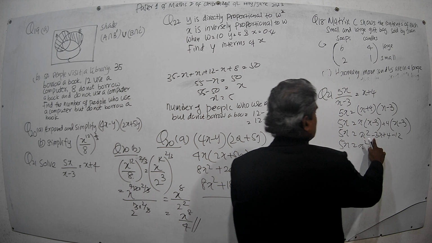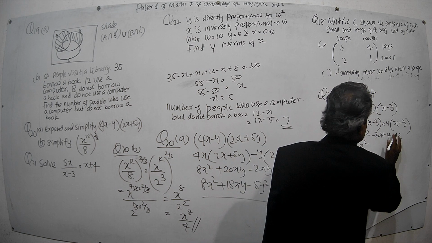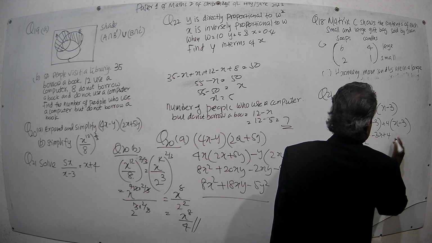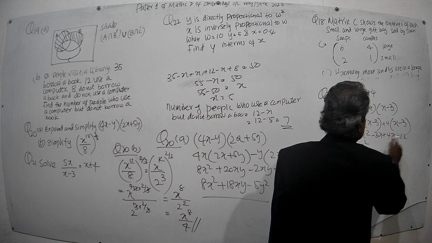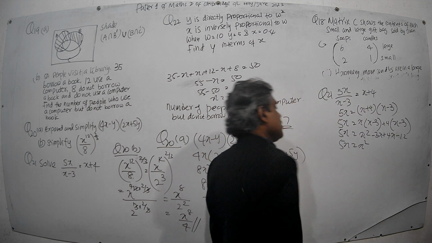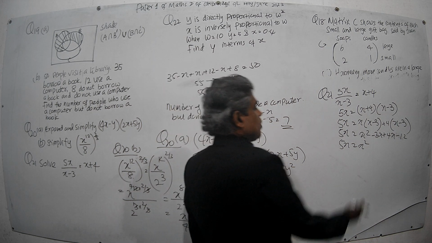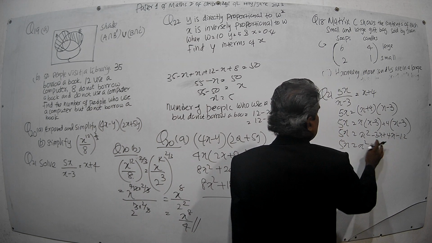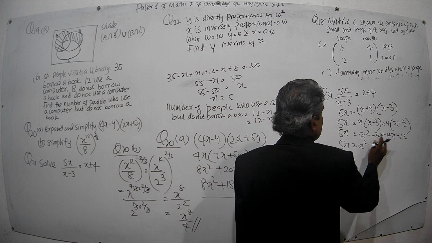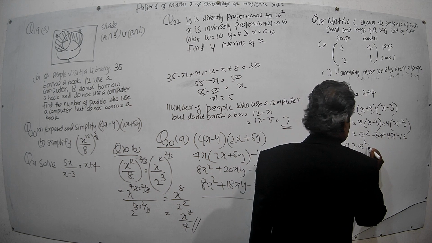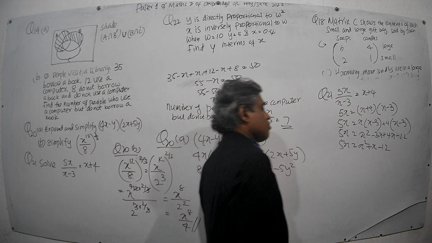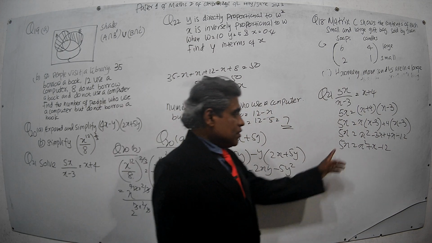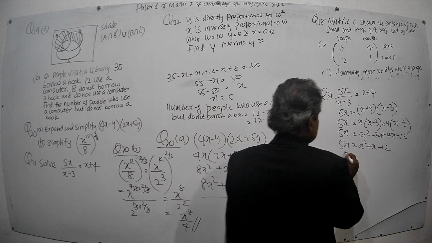There are two like terms, minus 3x and plus 4x. Then you can subtract these two, then 4 minus 3 is 1x. That means plus x minus 12. Okay. Then you bring this 5x to that side again. Then this side it is 0.